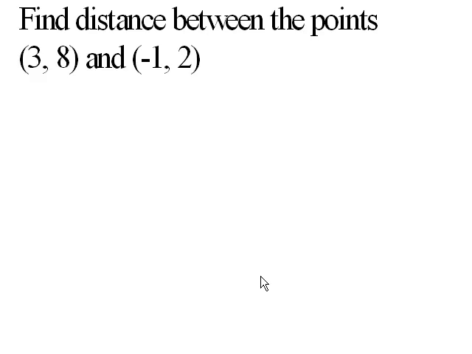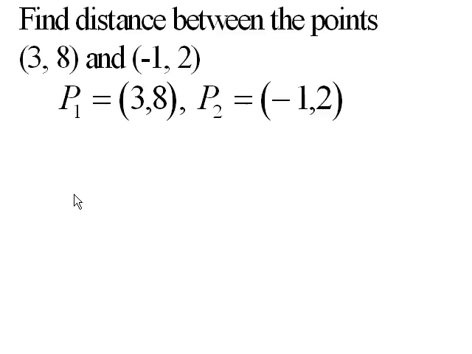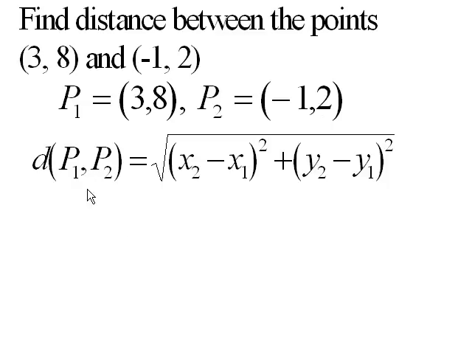Let's try using it for just a sample problem. Pick 2 points kind of at random, 3, 8, so the x, y coordinates of one point are given, the x, y coordinates of another point are given. Let's find the distance between those points. We've got x1 is 3, y1 is 8, x2 is minus 1, y2 is 2, and I'd like to use this in that distance formula that we derived.